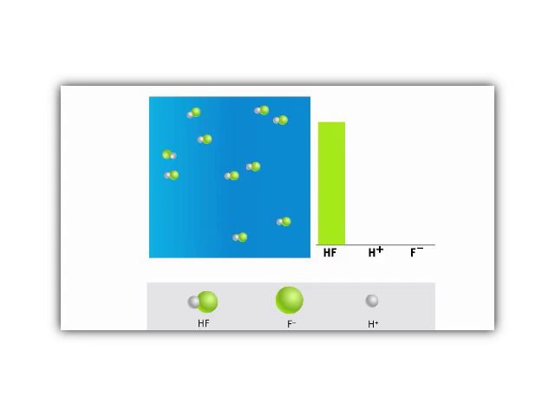But what is different is we don't have nearly as much as we had before. So if we pause at this point and we take a look, we can see that most of the HF is in the undissociated form, and we have some ions, so there's one and there's another one there.